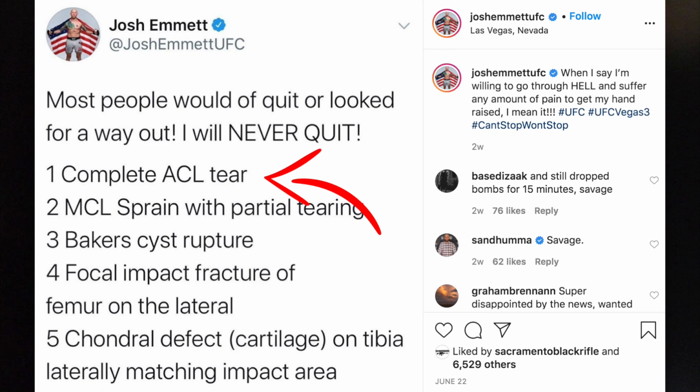His Twitter post revealed that he had injured his anterior cruciate ligament, or ACL, and his medial collateral ligament, or MCL, in addition to rupturing a Baker cyst behind his knee. He also suffered an impaction fracture on his lateral femoral condyle and a kissing chondral injury, or in other words, a hole in the cartilage on his lateral tibial plateau.